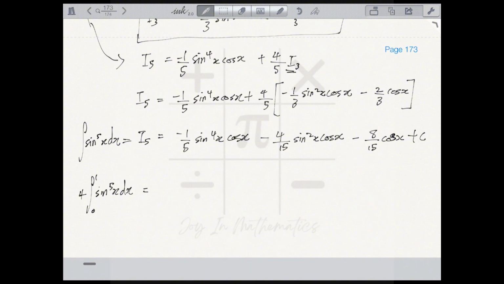Therefore, let's apply our limits. So you have 4 into minus 1 over 5 sine raised to power 4 x cos x minus 4 over 15 sine square x cos x minus 8 over 15 cos x, limit from 0 to 1.